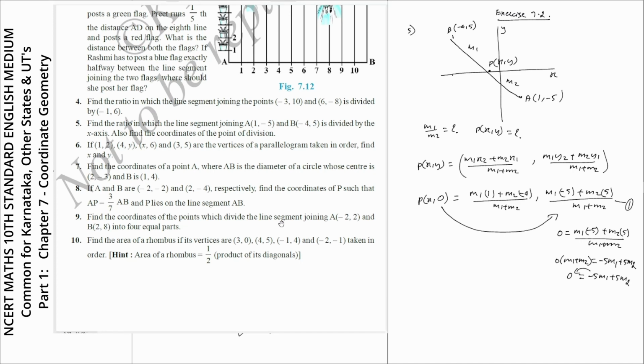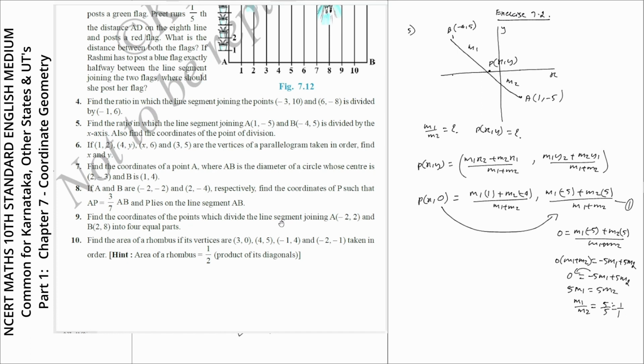So I'll bring this one to the left hand side. It becomes plus 5 m1 is equal to 5 m2. Therefore m1 by m2, if I cross multiply, I'll get 5 by 5 is equal to 1 by 1. So the ratio is 1:1.